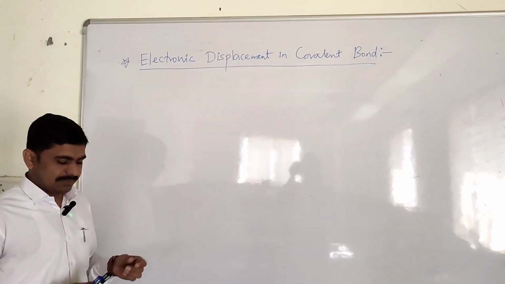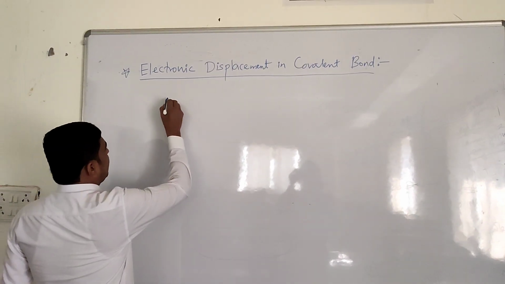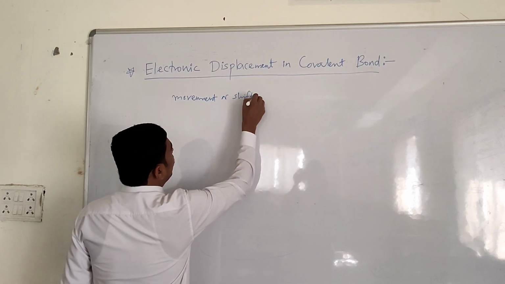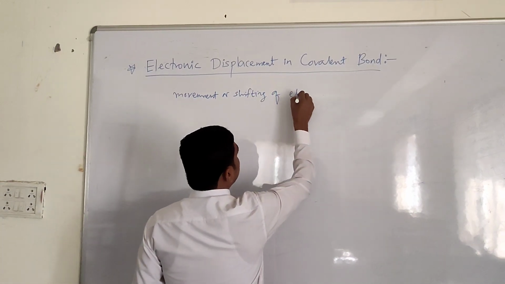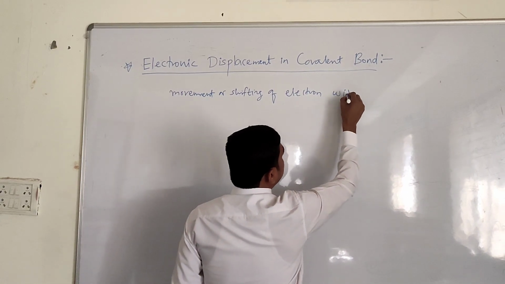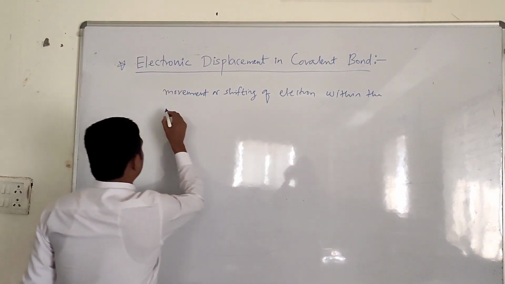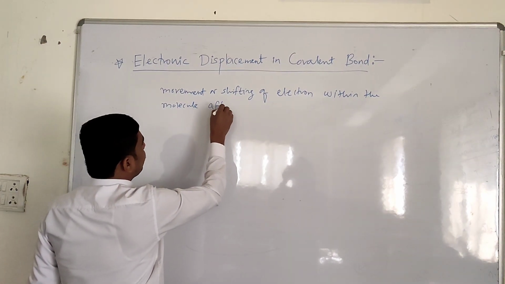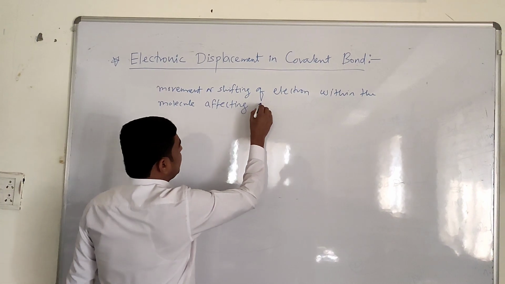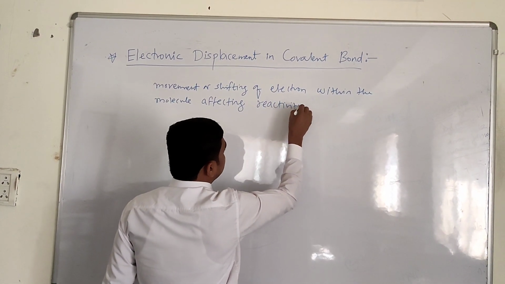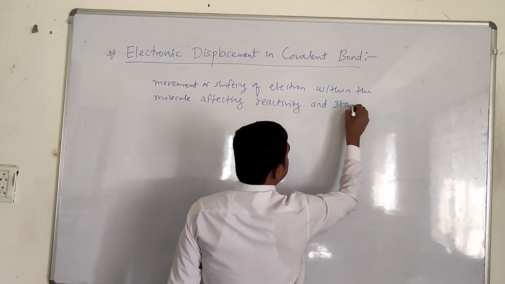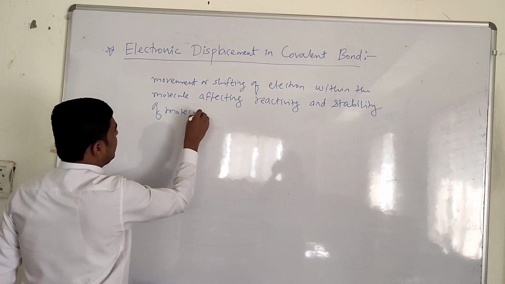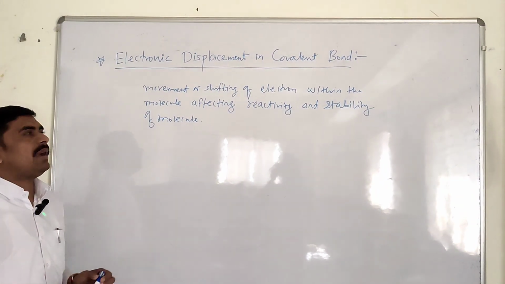The meaning of electronic displacement is the shifting or movement of electrons within the molecule, affecting the reactivity and stability of the molecule. So this is the meaning of electronic displacement in covalent bond.